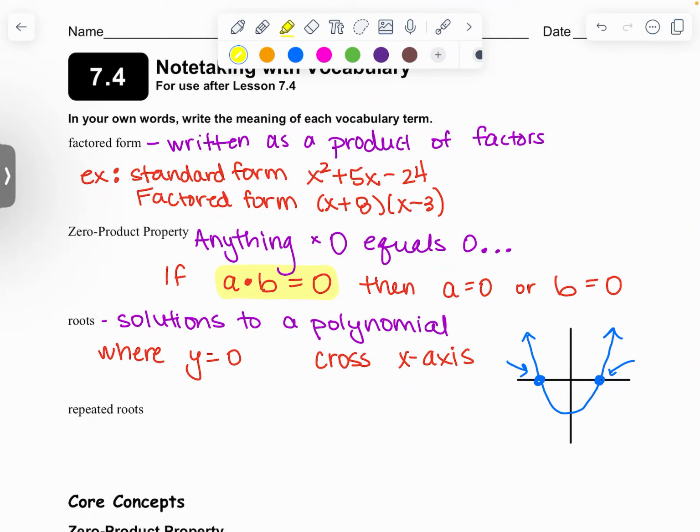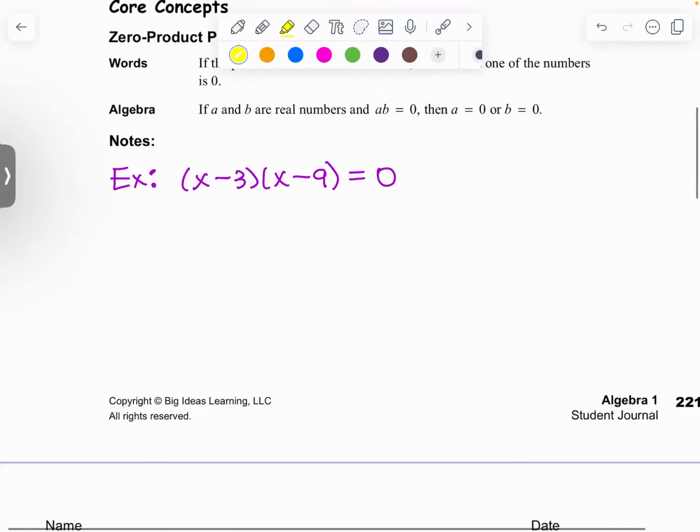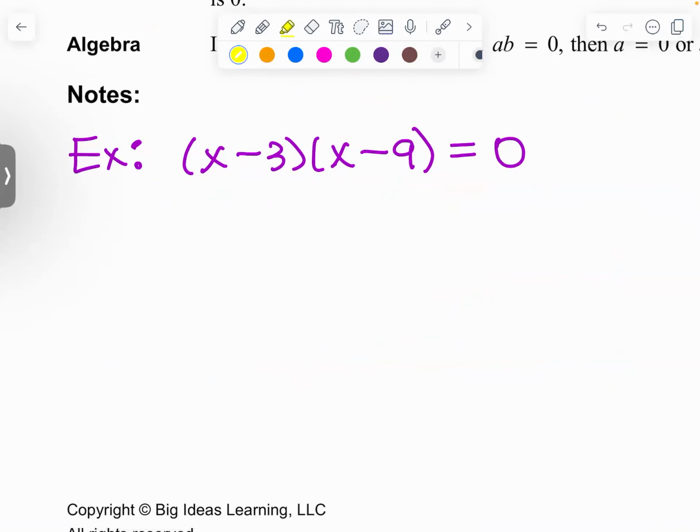If a times b equals 0, then either a is 0 or b is 0, right? So if x minus 3 times x minus 9 equals 0, then either x minus 3 equals 0 or x minus 9 equals 0. We take our two factors and set them each equal to 0.